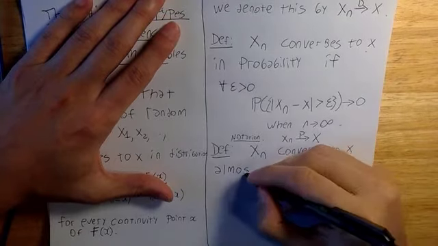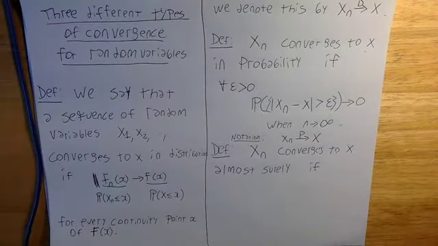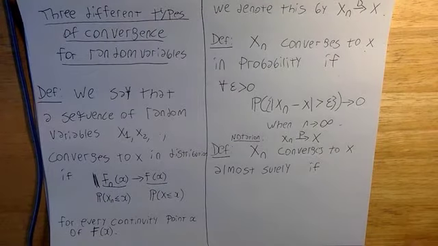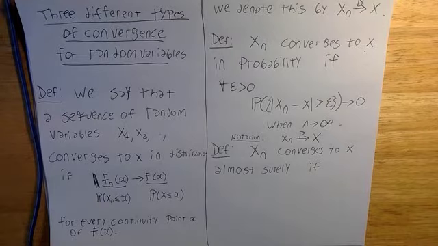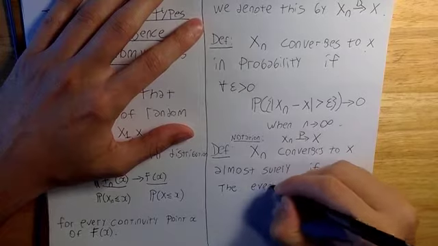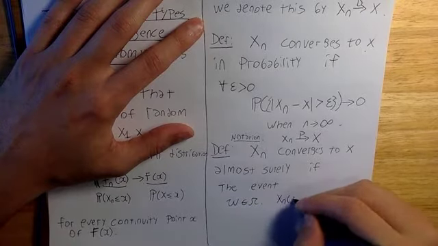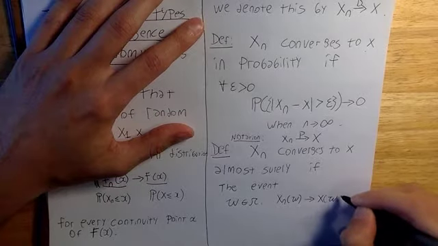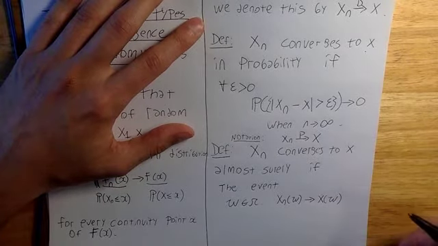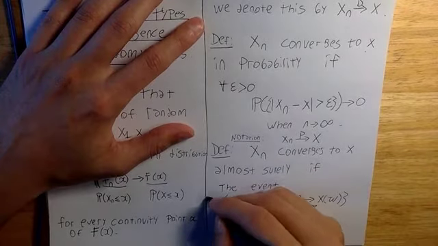Xn converges to x almost surely if the event of omega in Omega such that xn of omega converges to x of omega as n goes to infinity has probability 1.